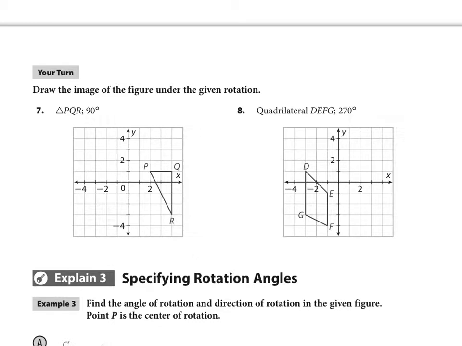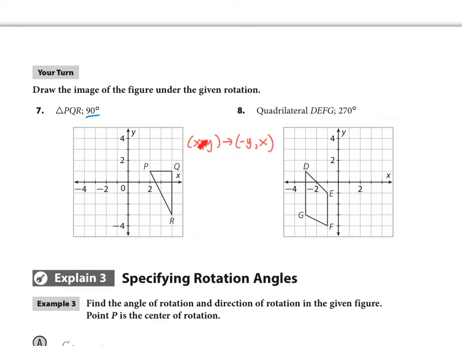And the other way is also using a rule. So if I'm going to use a rule, the rule for going 90 degrees, and remember this means 90 degrees counterclockwise, the rule is x comma y goes to negative y comma x. So let's take a look at how we use this rule.